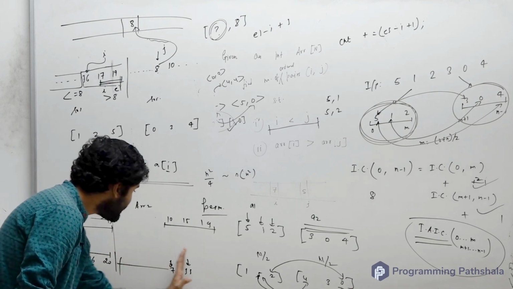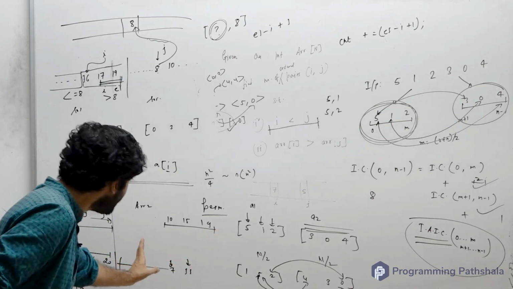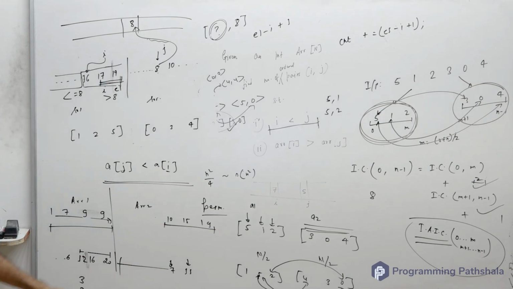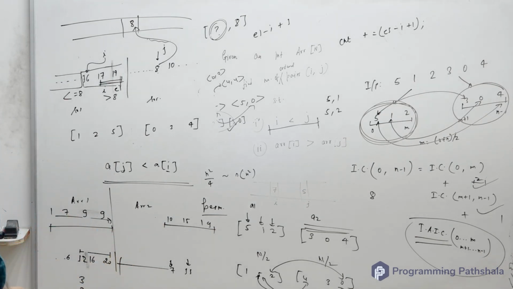So this array getting over means what? That you have considered the inversion count of all the elements. Okay, so even if this is over, then I need not do anything for those elements because their contributions have already got counted.